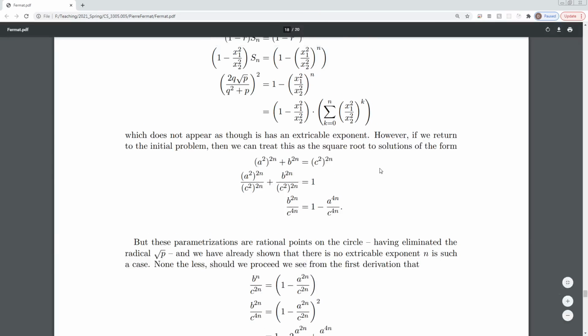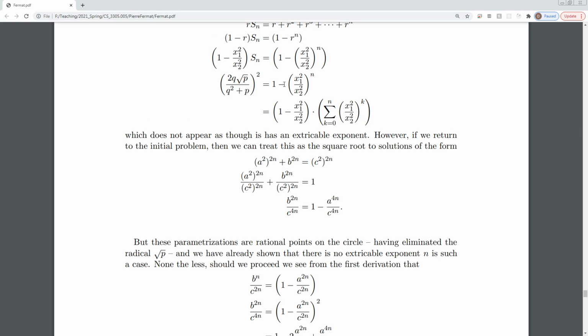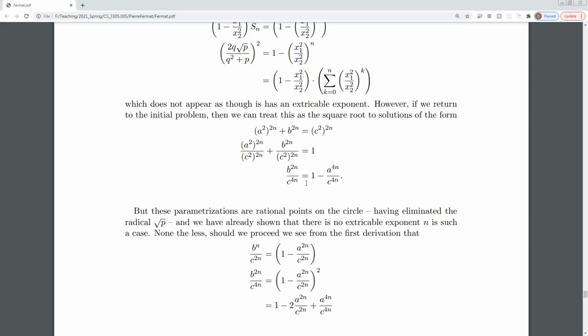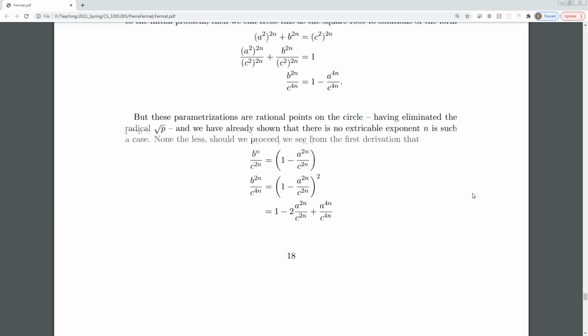Right? And so now, since this was b to the n over c squared, or c to the 2n, we have something that we can relate it to, and it's going to be solutions from this form. Right?